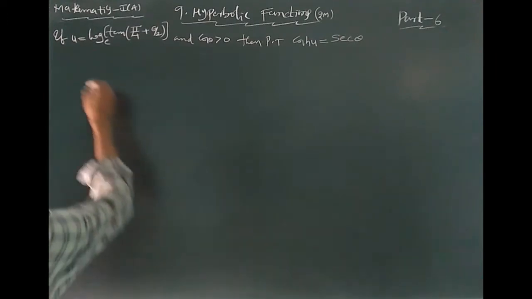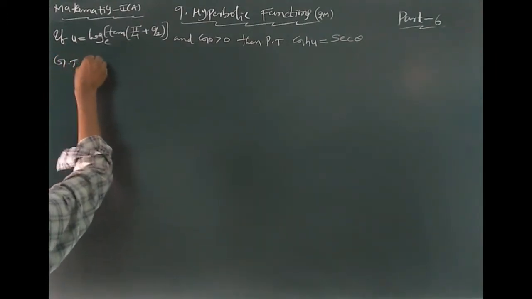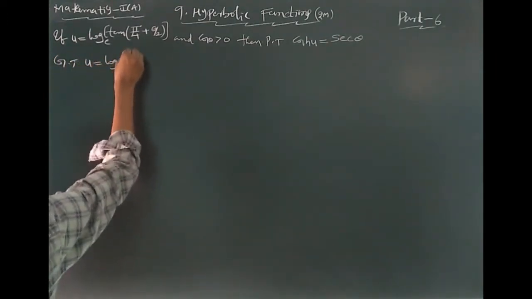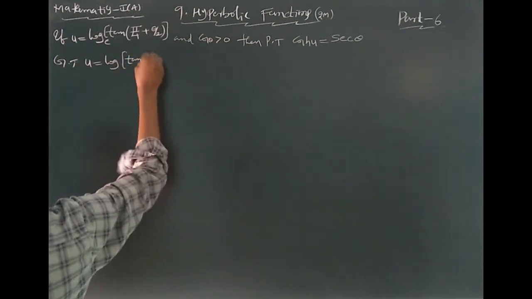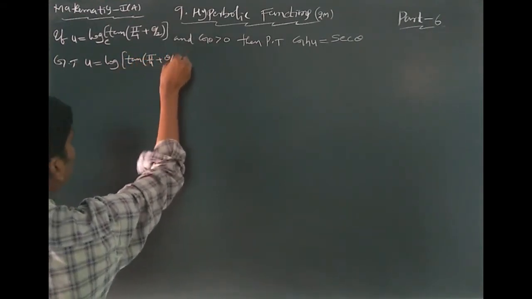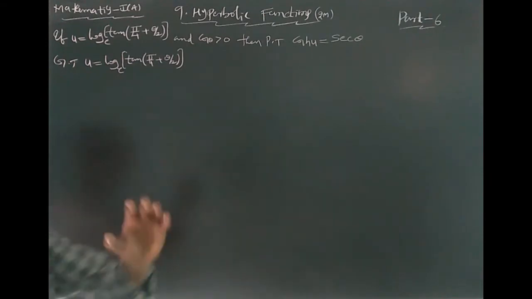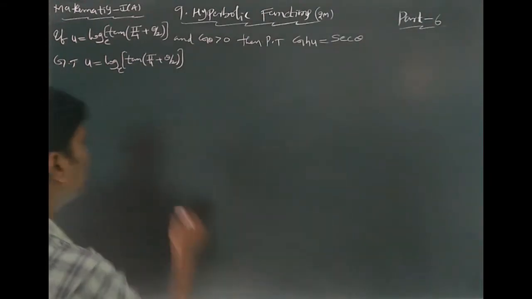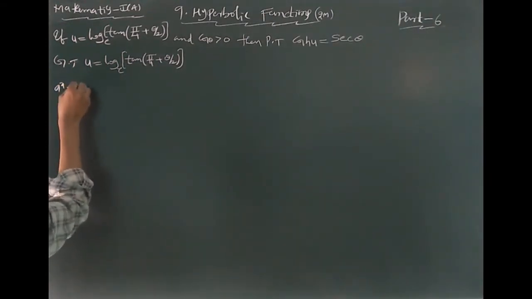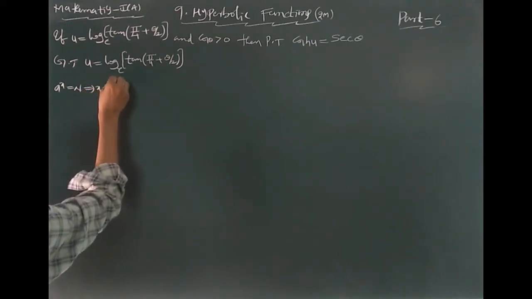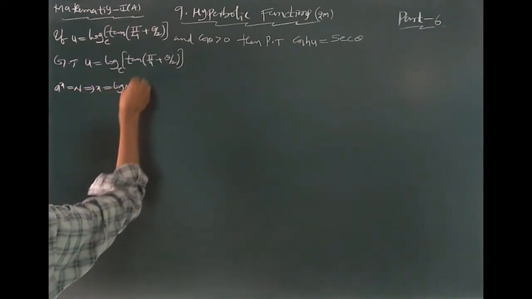First of all, take the given: u is equal to log of tan of pi by 4 plus theta by 2 base e. By the logarithmic definition, if a power x is equal to n, then x is equal to log n base a.